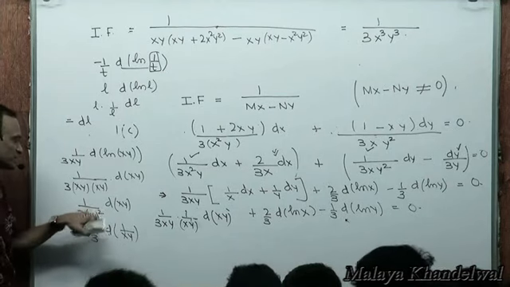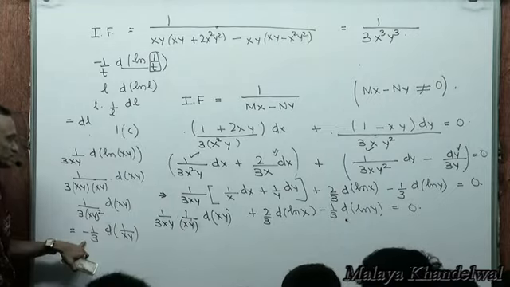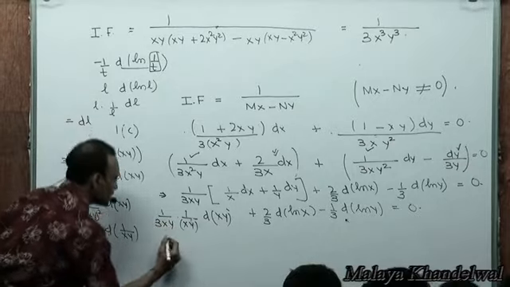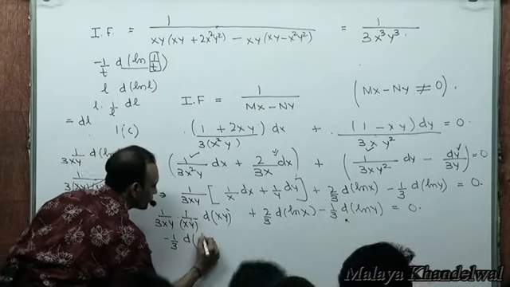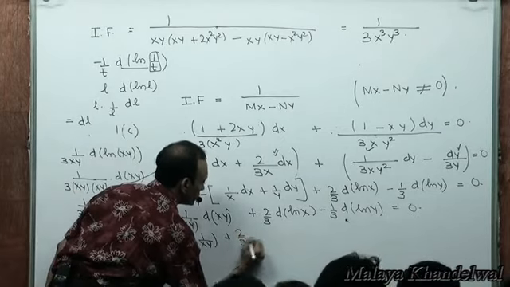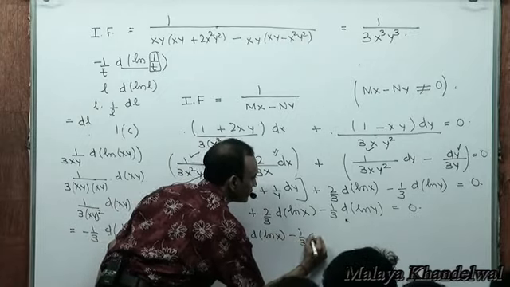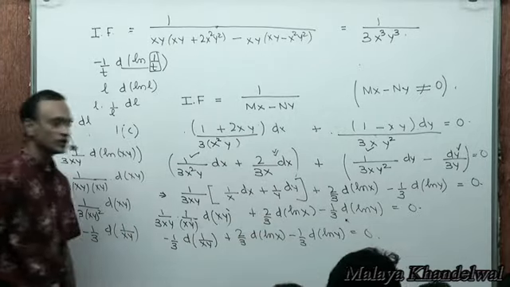I hope you realize this. dt by t squared is d of minus 1 by t. So all's done here. This is minus 1/3 d of 1 by xy plus 2/3 d of log x minus 1/3 d of log y equal to 0. Done.